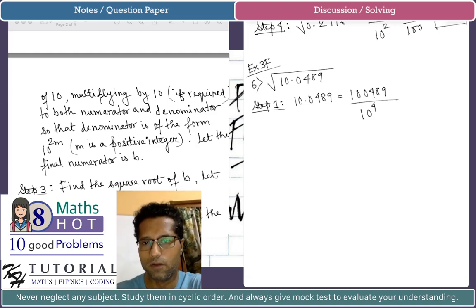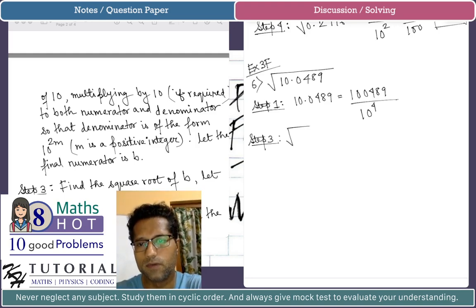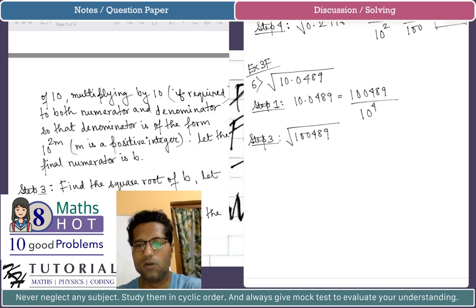Now step 2 will not be required because the denominator is already an even power of 10. So we go to step 3, finding the square root of the numerator, 100,489, using the long division method.